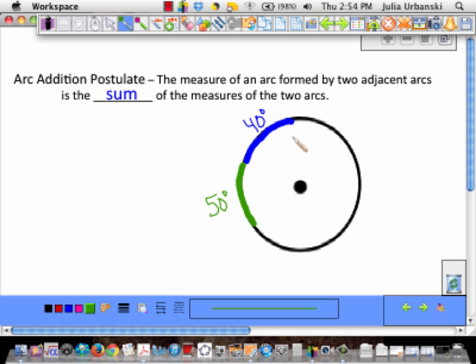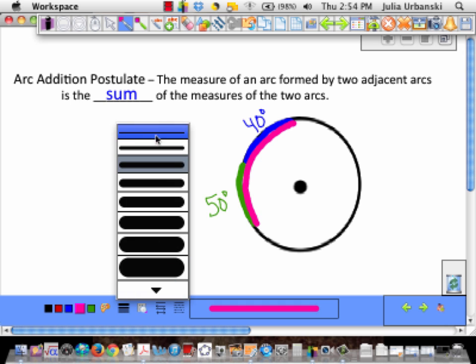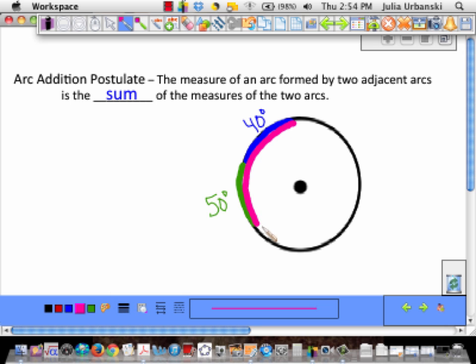If you took the two arcs together, you would get a bigger arc. And it would look like this. It would start at one end, and when you put them together, it would form a bigger arc. Together, when you put the blue and the green together, you end up with the pink arc, which totals 90 degrees. Okay, so that's all arc addition postulate is. Two smaller arcs together create a bigger arc.